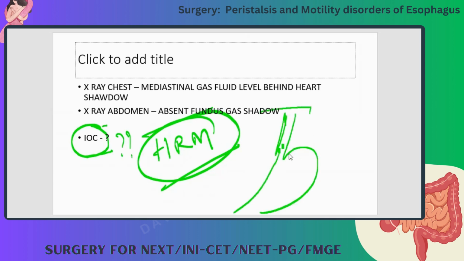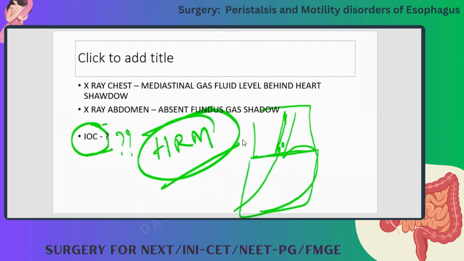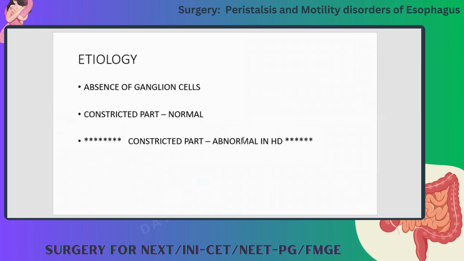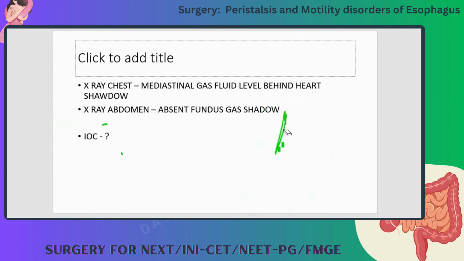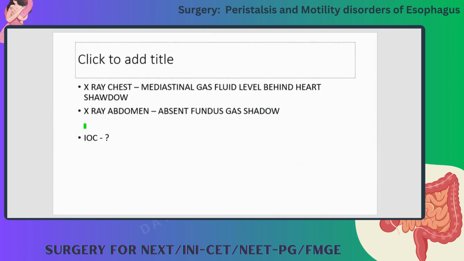If you take an X-ray chest, what will be the finding? If you take an X-ray abdomen, what will be the finding? This investigation of choice is fine for you, right? Any doubt in this? No, sir, IOC is fine.